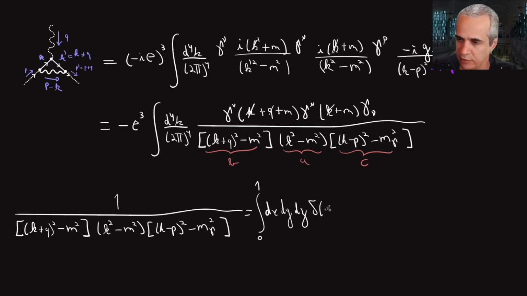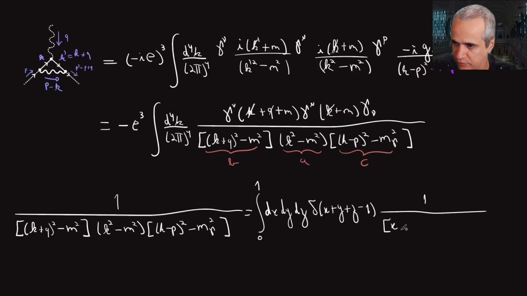Then I have a delta of x plus y plus z minus 1, so the sum of these three is always 1. I'll use the following choice: x multiplying A, y multiplying B, and z multiplying C, and all of that will be to the power 3 because I have 3 of these denominators.